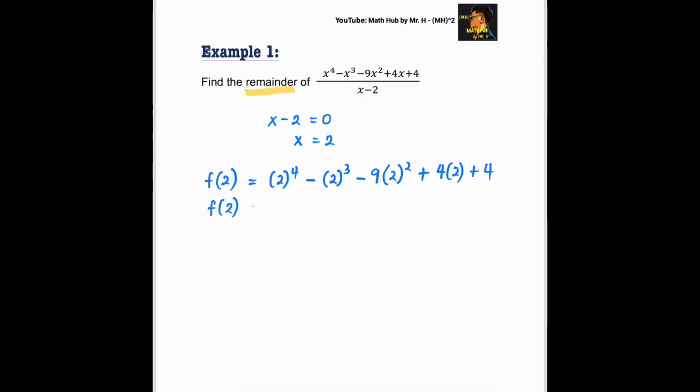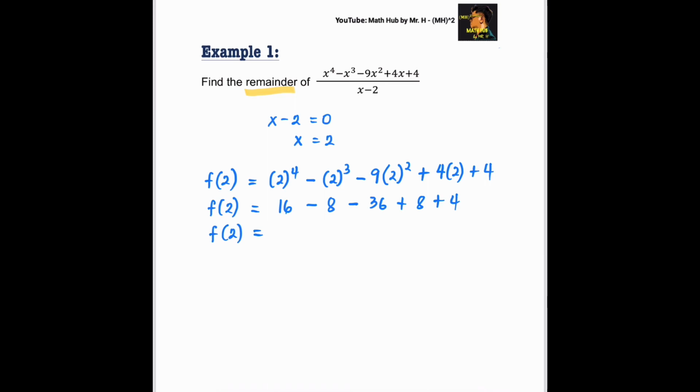So f of 2: 2 to the power of 4 is 16, minus 2 to the power of 3 is 8, minus, 2 to the power of 2 is 4, so 4 times 9 is 36, plus 4 times 2 is 8, and then plus 4. So we keep going.